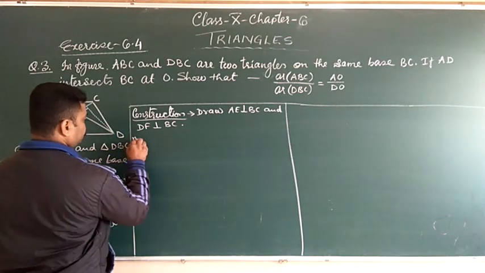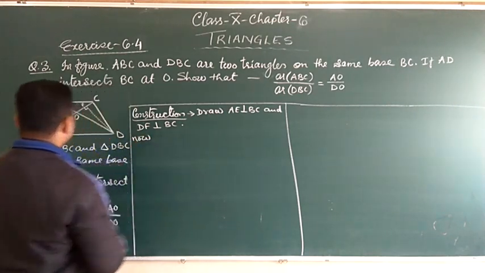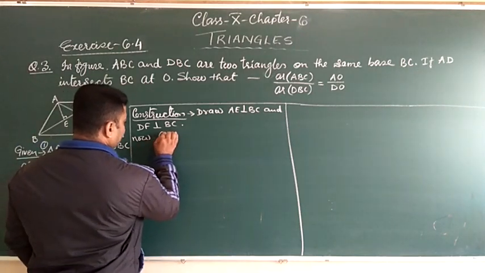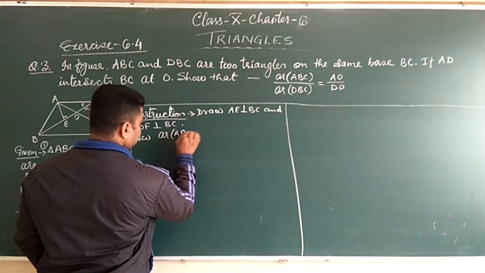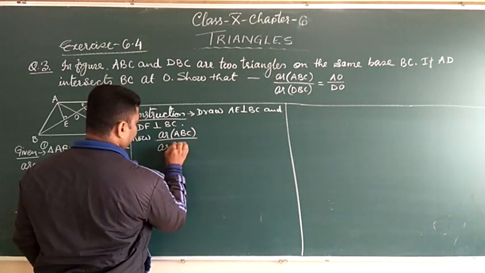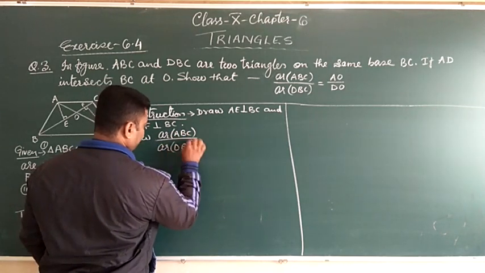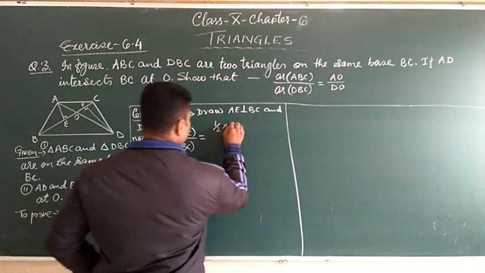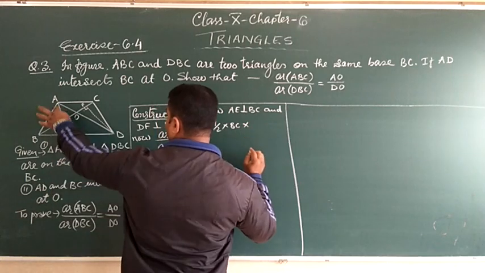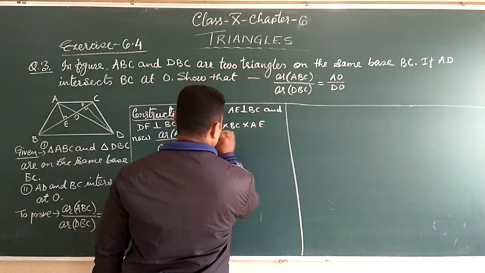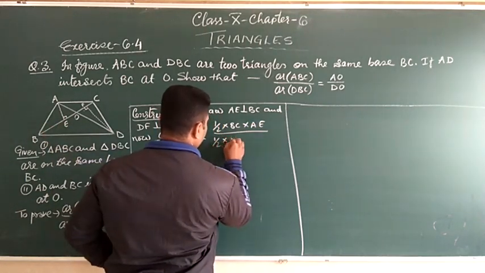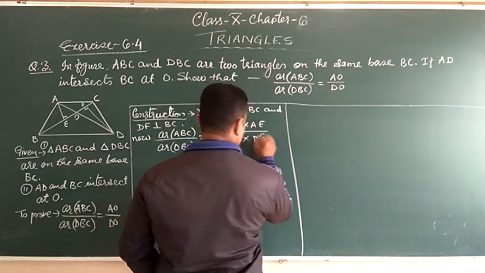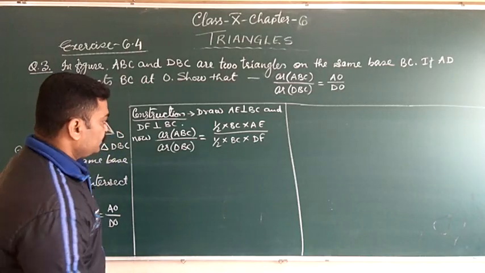Now, area of triangle ABC upon area of triangle DBC is equal to half into base BC into AE, whole upon half into BC into DF. Clear?